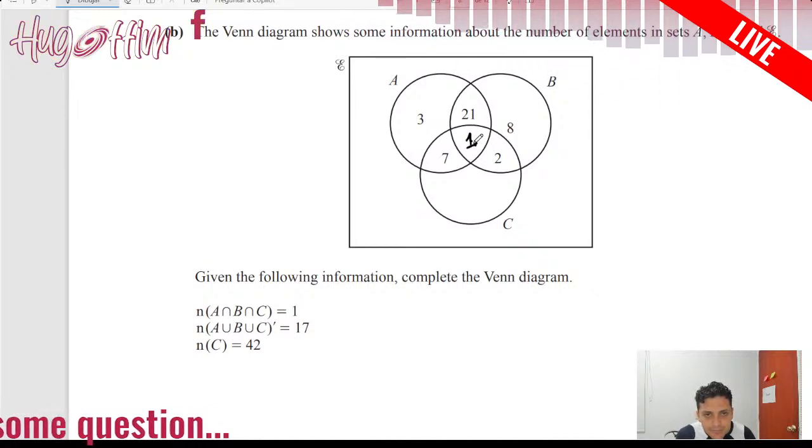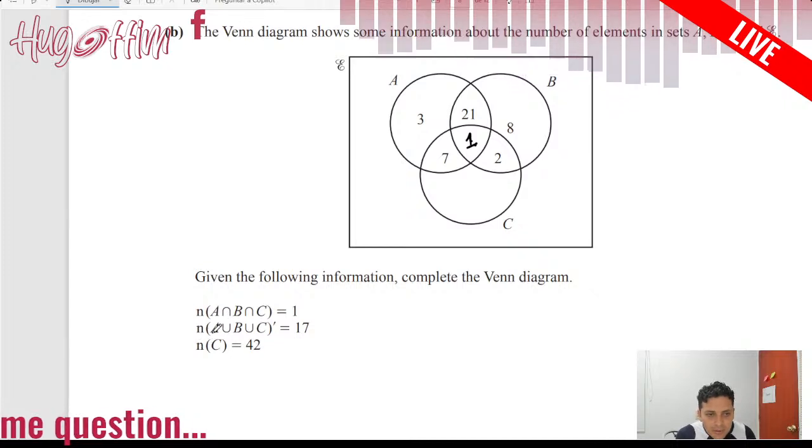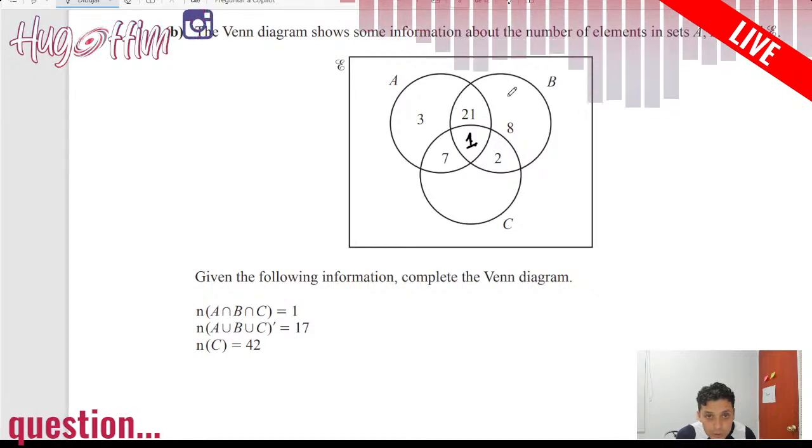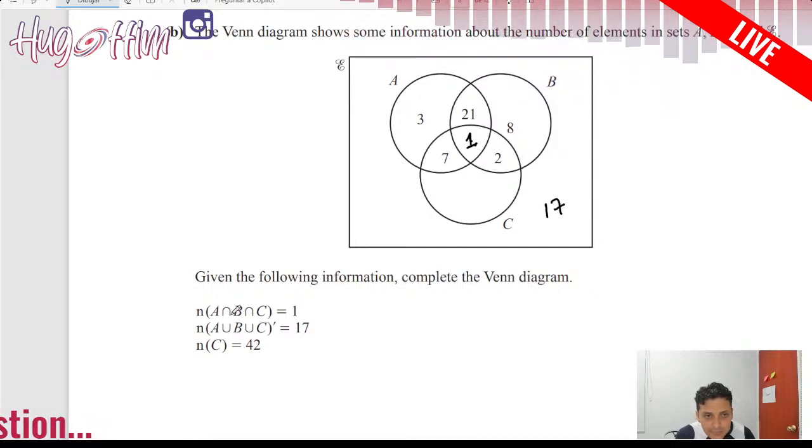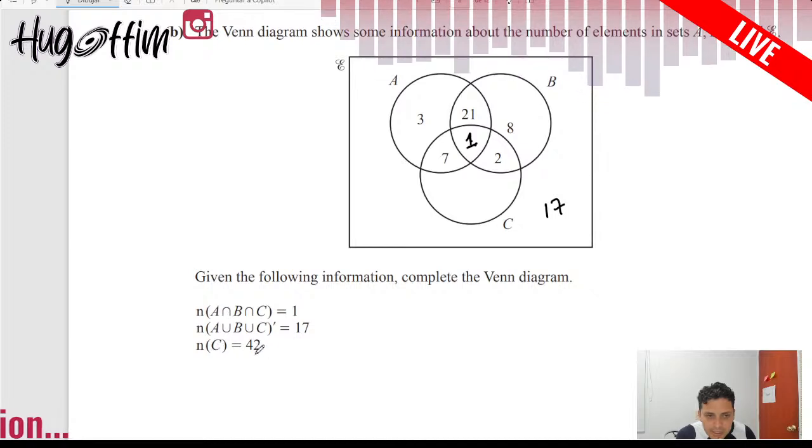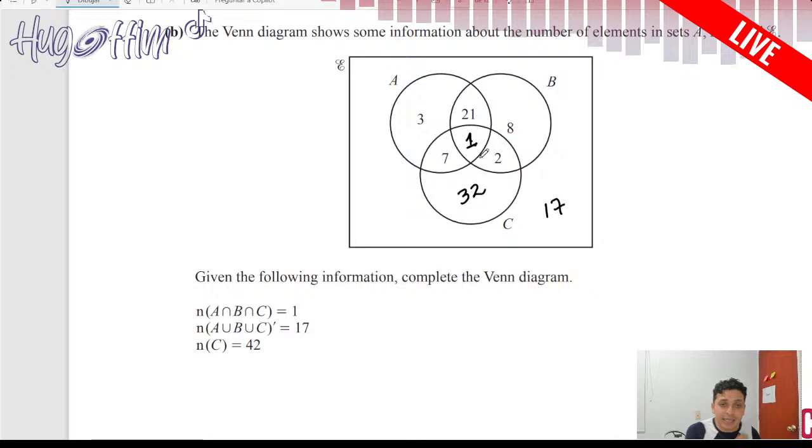The number of elements of A union B union C prime, so not the union of everything, I mean what is outside, is 17. And the number of C is 42, so it should be 42. 7 plus 3 is 10, so I need to put 32 here. So 32 plus 10 is going to be 42. Okay, this notation n represents the number of elements of the diagram.